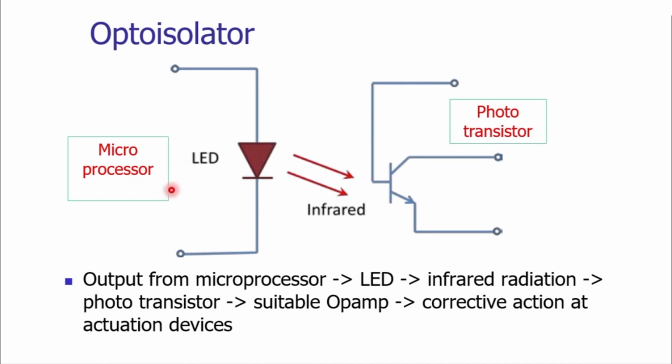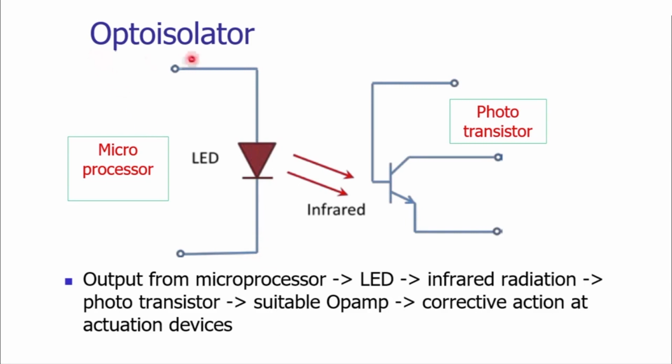This isolation will protect the microprocessor. On what principle will the isolation be carried out? That will be carried out based upon the optical energy, the light energy which is coming from a device. That device is the LED device.